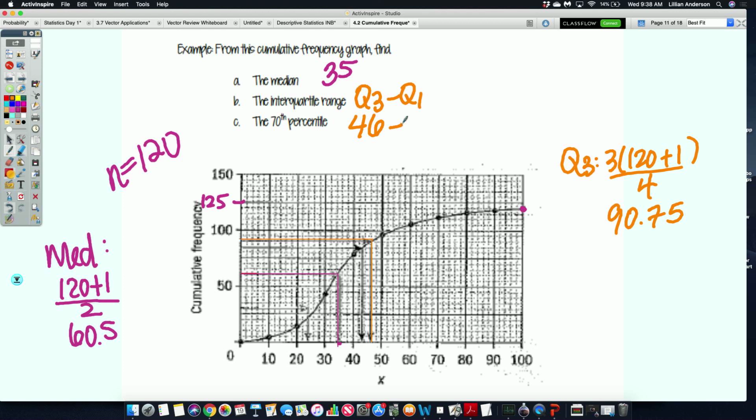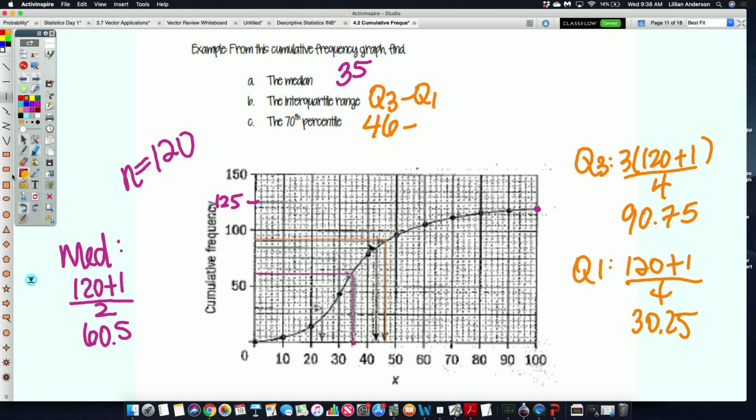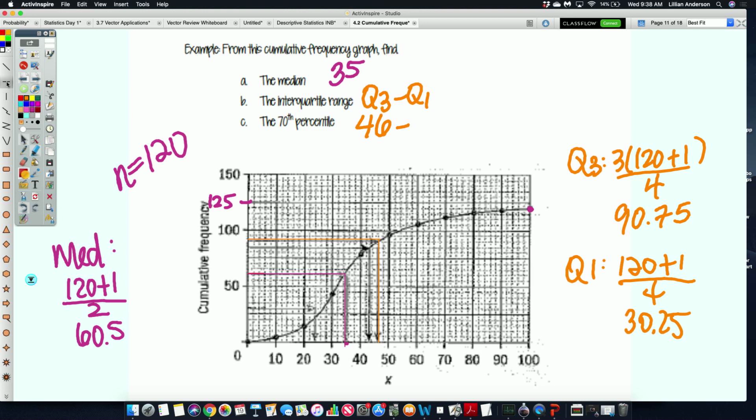Now let's find Q1. What's the formula? N plus 1 over 4. What is that? 30.25. That's my Q1, right? No. You have to find it on the graph.